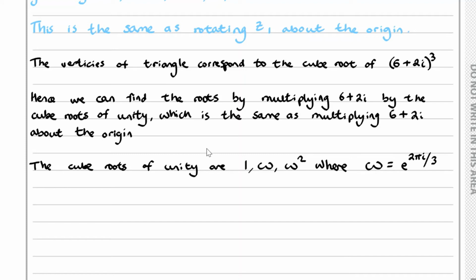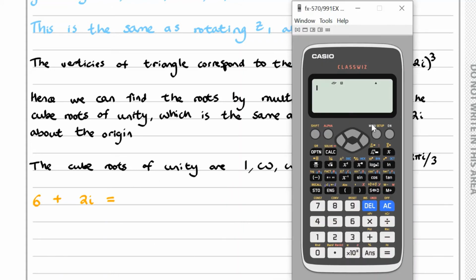Now, if we consider this 6 plus 2i, we can write that in an equivalent form. If we have 6 plus 2i, we can find the modulus and the argument of that. So if you go to your calculator and then go to the complex mode, type in 6 plus 2i, and then press options, the argument, press number 1.